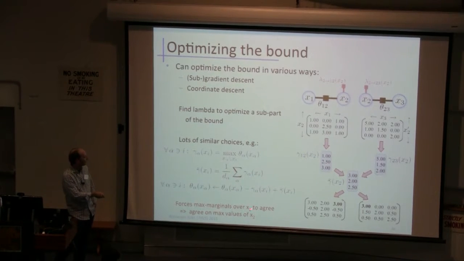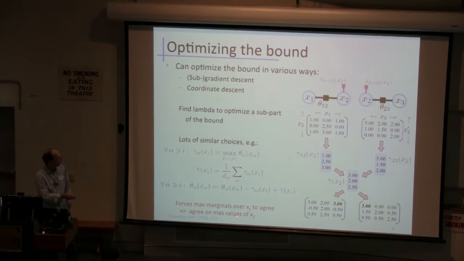So again, this forces these max marginals over their intersection to agree, which means that this is a more than sufficient condition to enforce that they'll agree on what the configuration of x2 that maximizes these two tables is.